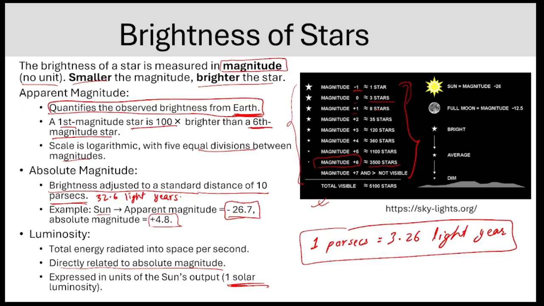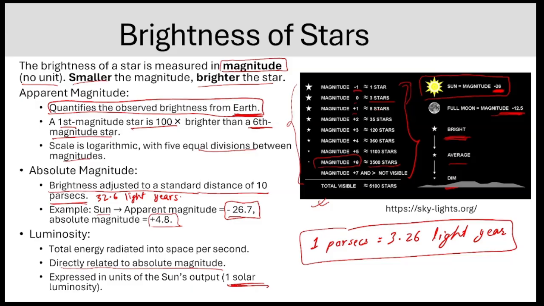And as we said, the sun looks really bright because it has a very small magnitude of -26. A full moon has a magnitude of -12.5, and the values increase as the stars are dimmer.